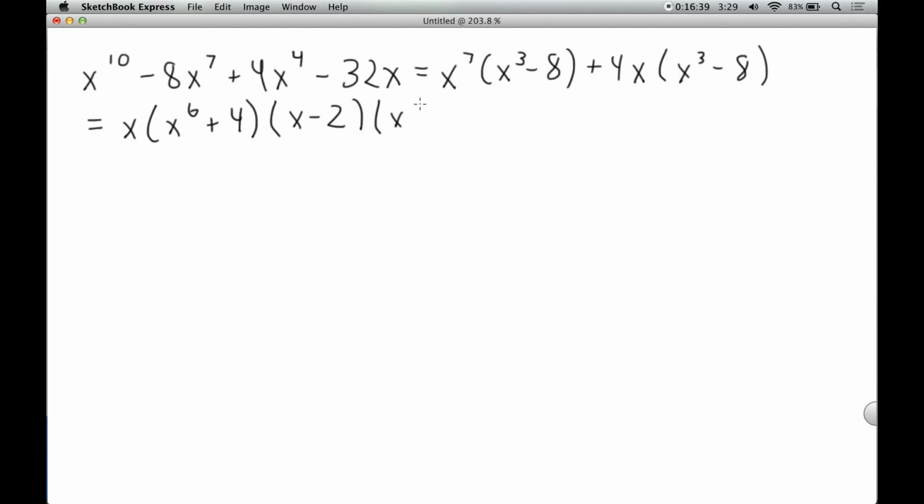So a squared is x squared, ab is 2 times x, and b squared is 2 squared, which is 4. So what we actually did was rewrite this in factored by grouping form, and then we factored an x out of both of the other terms. So we did a lot in one step there.